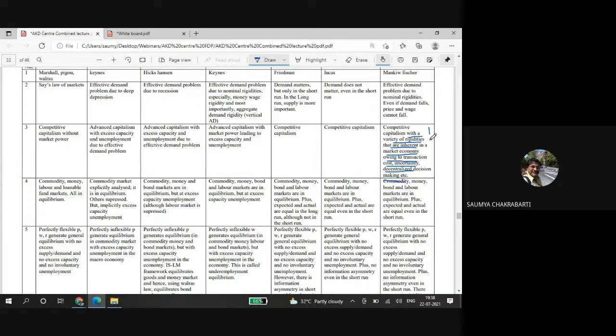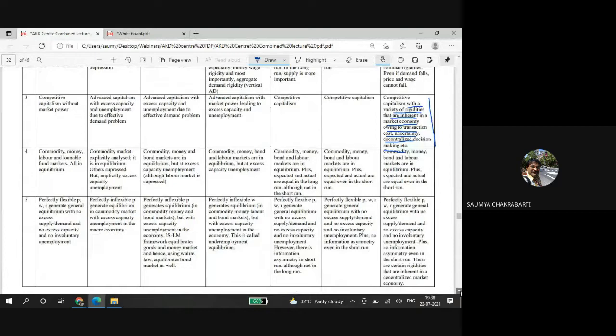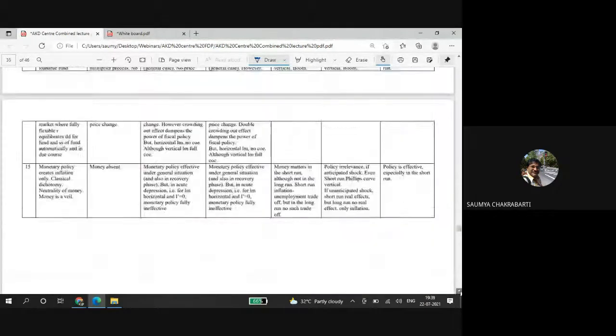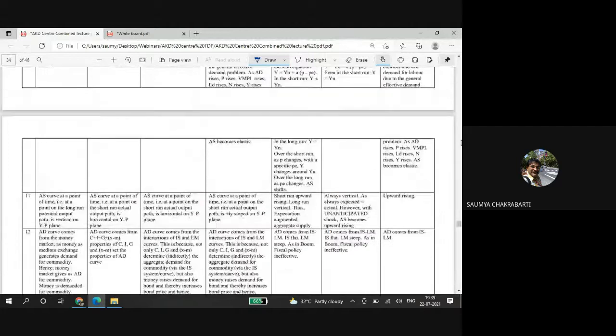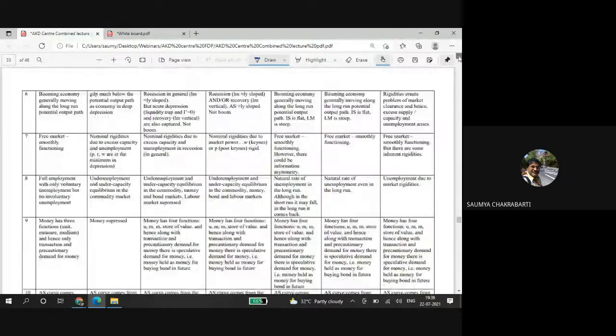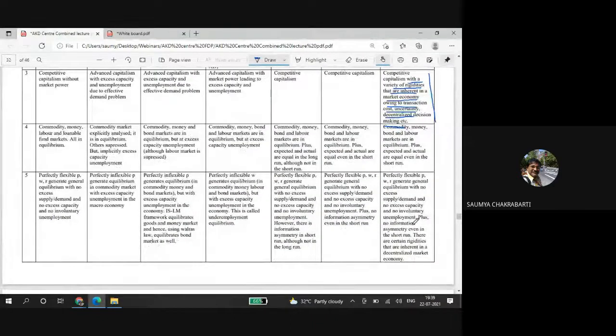And that is fundamental. If you read on your own, you have to be careful while you read this one. And there is no information asymmetry.